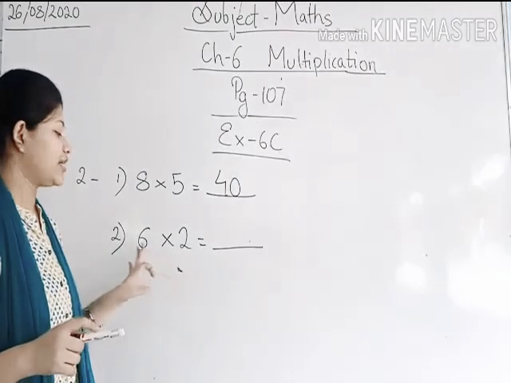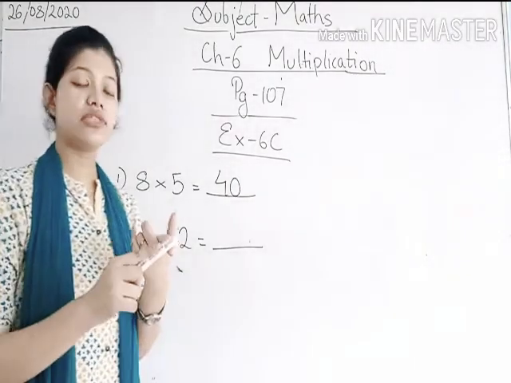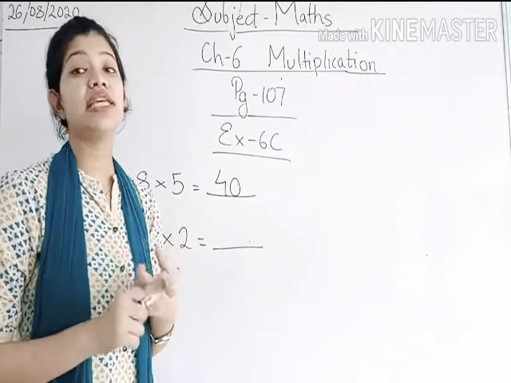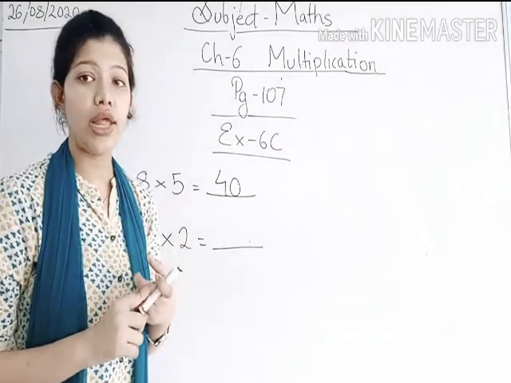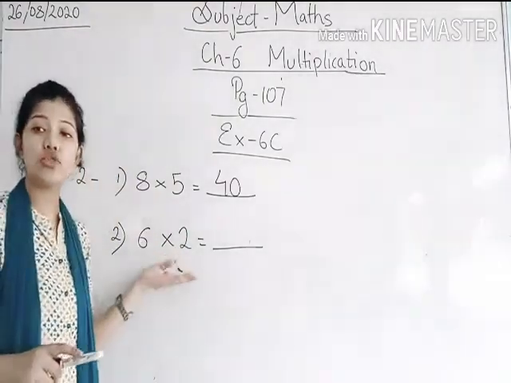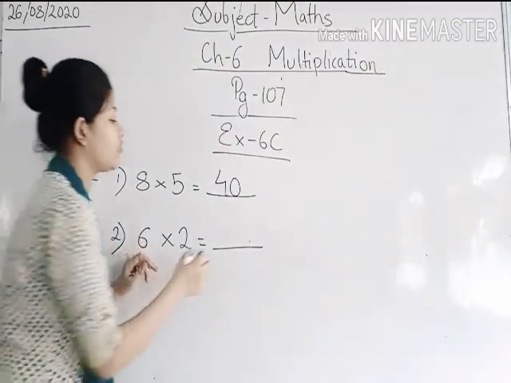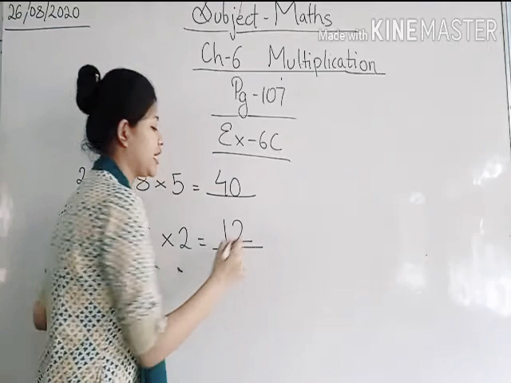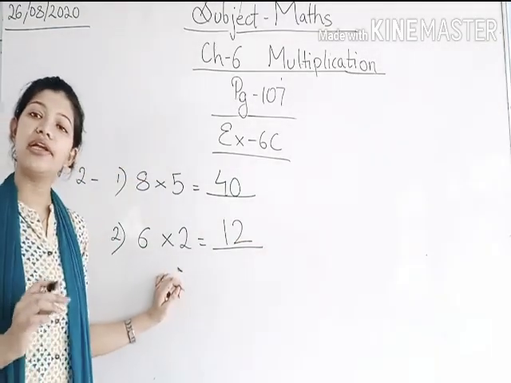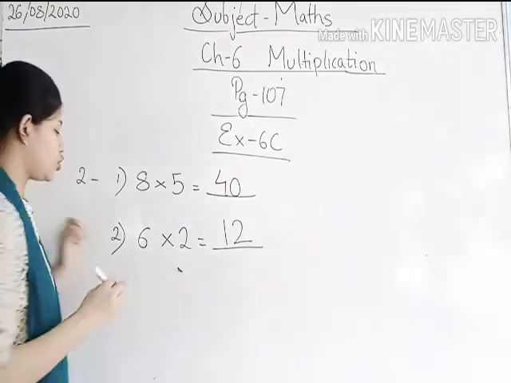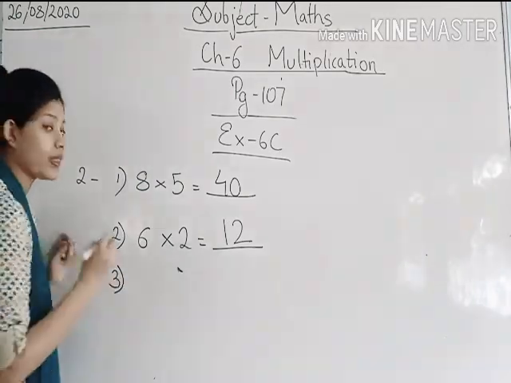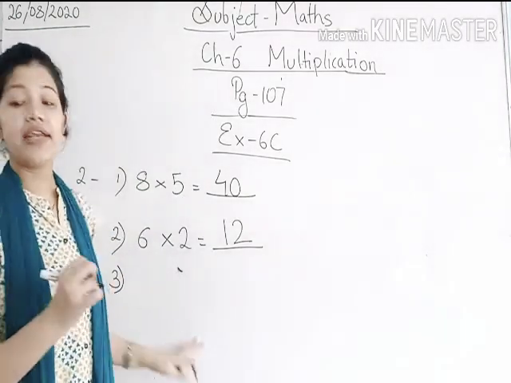Clear? So let's read the table of 6. 6 ones are 6. 6 twos are 12. 12 as the answer. Clear? Now let's come to the third one. That is 9 into 5.